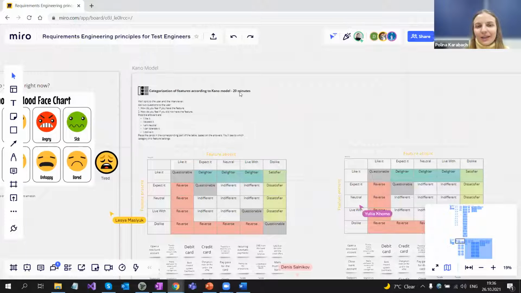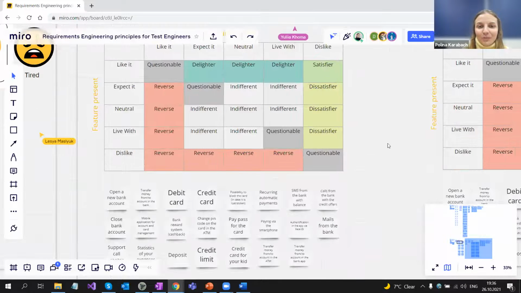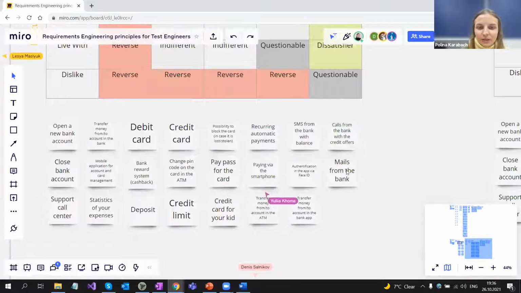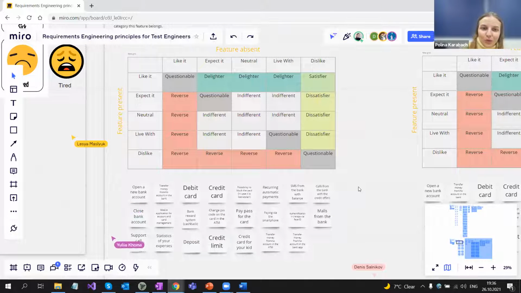So we have the features of some banking application. We have plenty of them. I would be asking the questions as a reference to somebody of you.